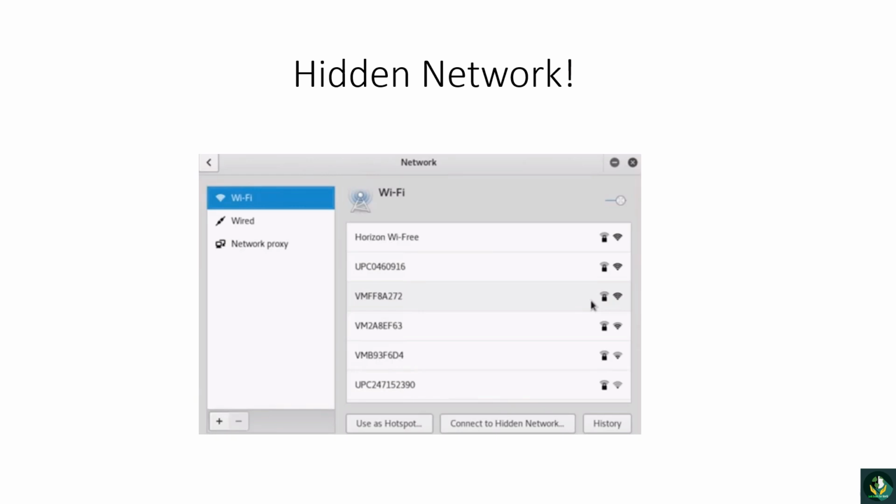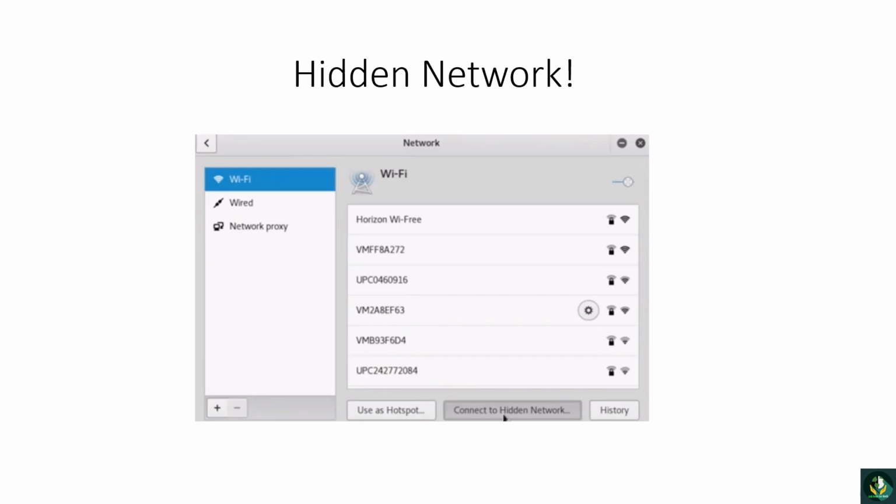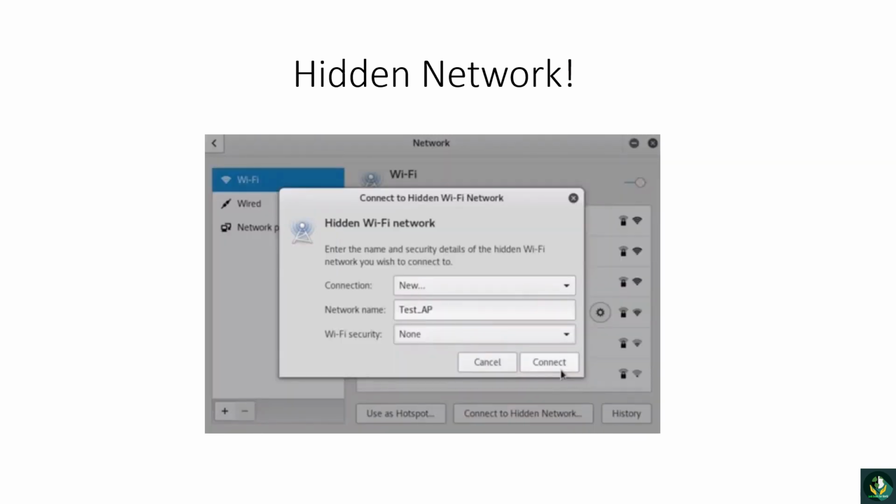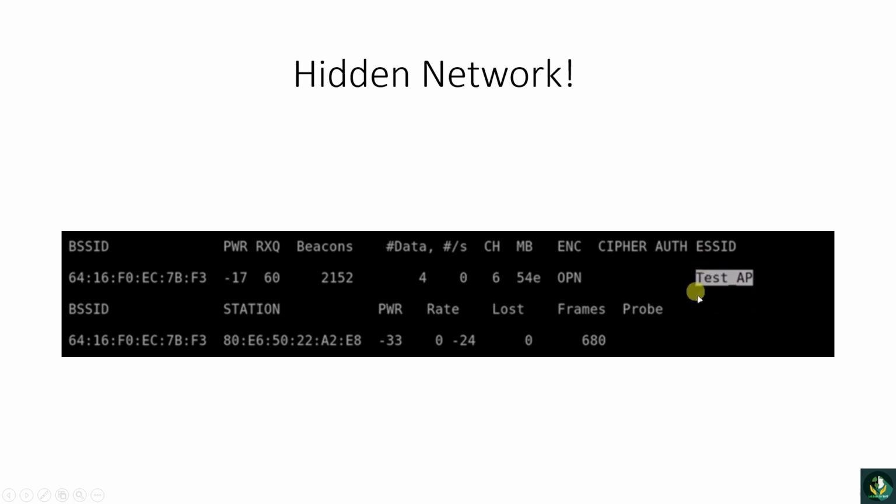Just press connect to hidden network, and then this page will show up. It's going to ask me to put in the connection and Wi-Fi security. In this connection we will set it as new, and in the network name we put test_ap, because our hidden network name is test_ap.